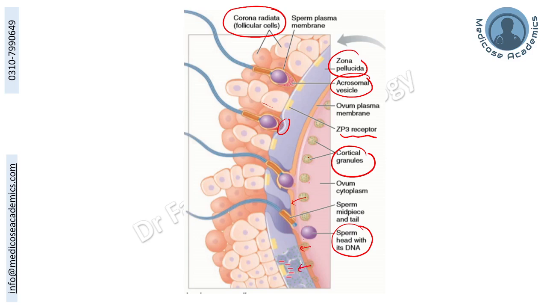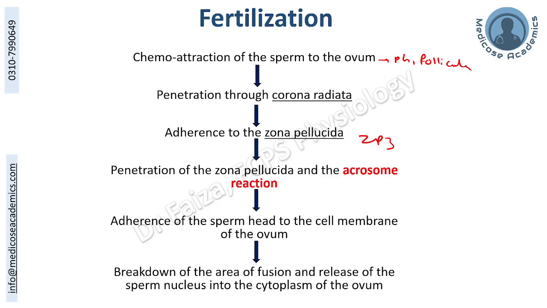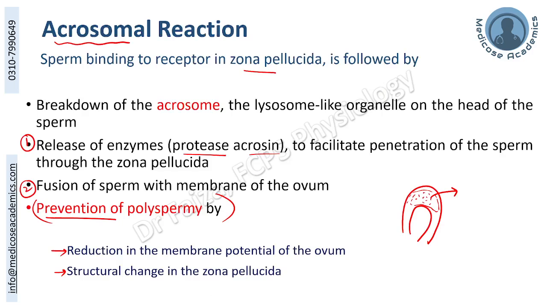They decrease the potential of the cell membrane of the ovum to fuse with any more sperm head. Plus, they cause structural changes in the zona pellucida, thus not allowing the attachment of any more sperms so that polyspermy is prevented. So this is what the acrosomal reaction is, along with its added advantages.